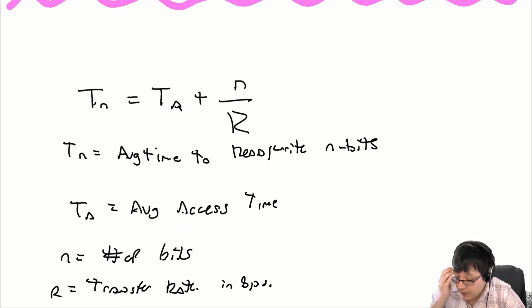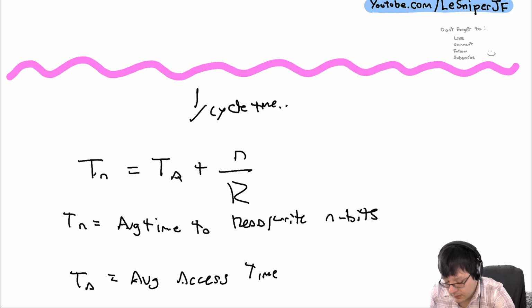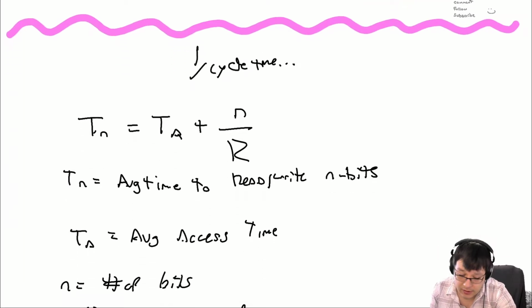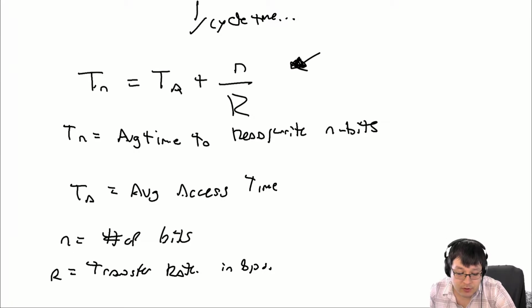Again, transfer rate is how quickly you can transfer information in and out of memory. Typically for random access memory, that is going to be 1 over the cycle time. But for non-random access memory, which is something like a hard drive, this is the relationship that typically holds. What this means is that you take the number of bits that you want to transfer, and then you look at the transfer rate in terms of bits per second.